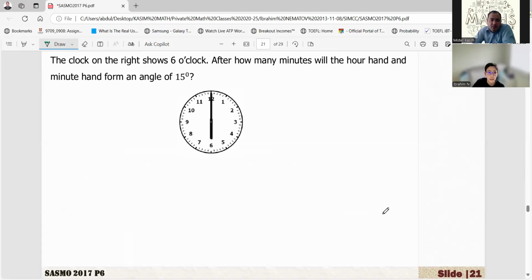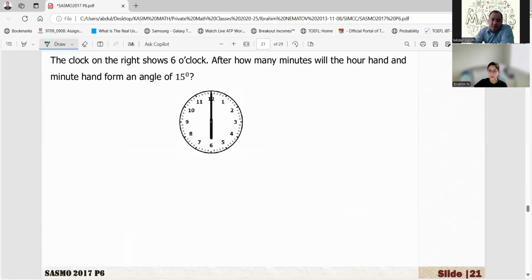The clock on the right below shows 6 o'clock. After how many minutes will the hour hand and minute hand form an angle of 15 degrees? So actually now the angle is 180 degrees, right?